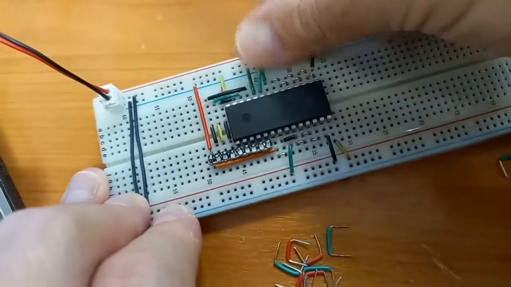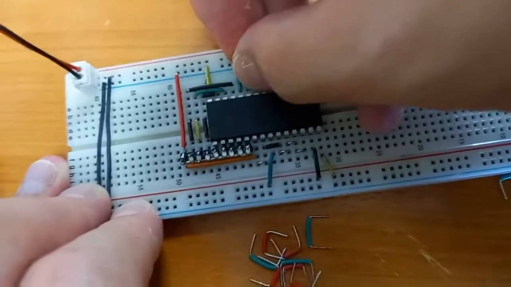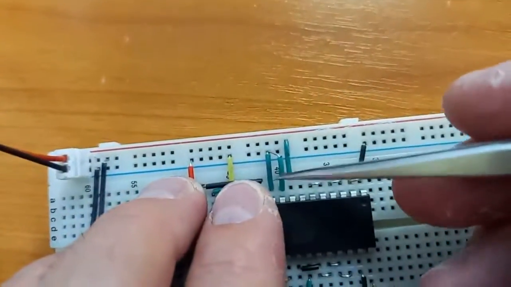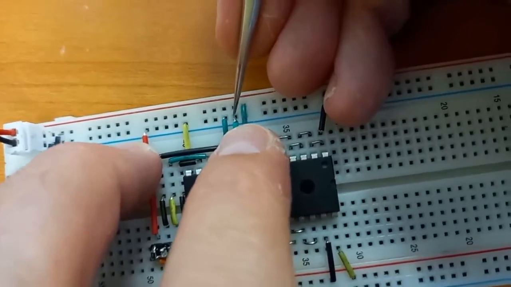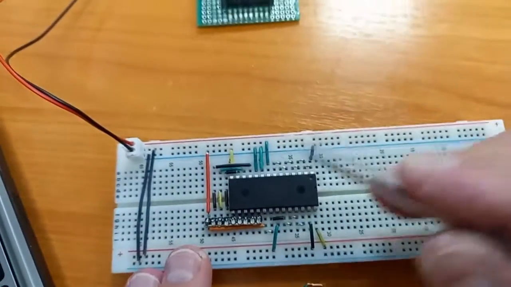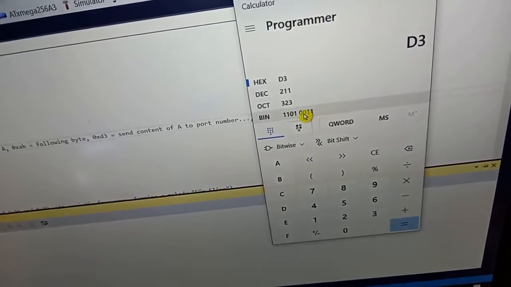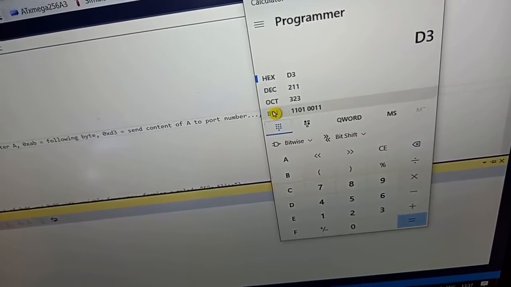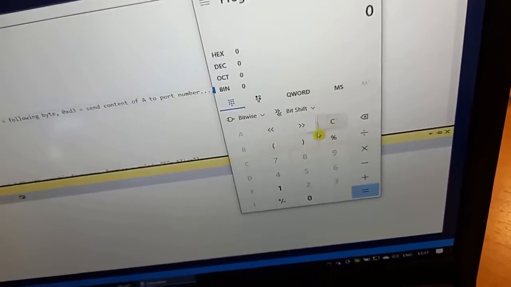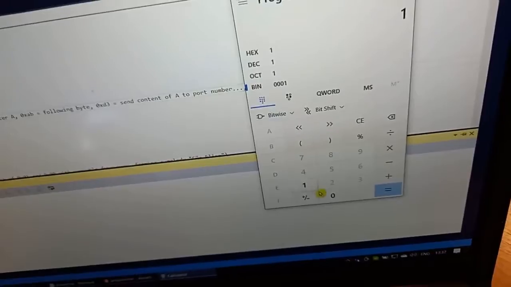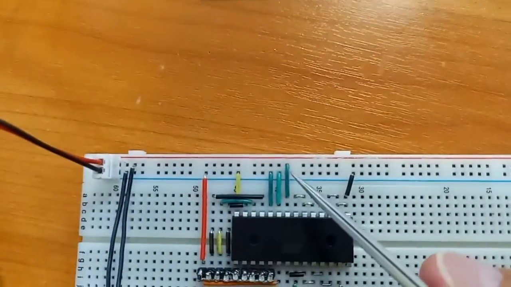That's 1 0 0, our address in the binary numbering system, and in the decimal numbering system that means address 4. Address 4 is 1 0 0.